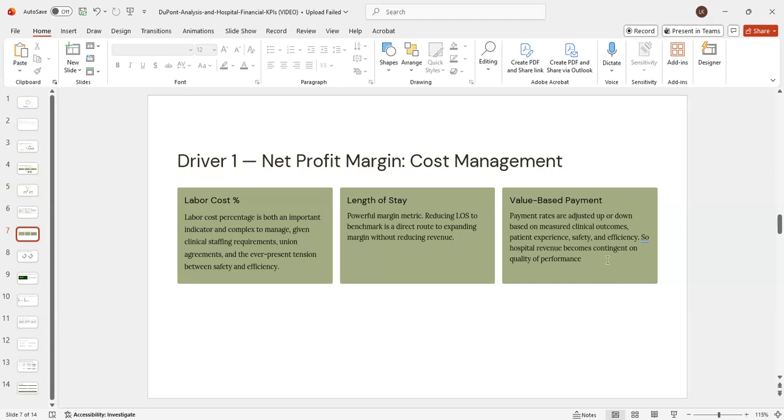Lastly, we have value-based payments. As you know, reimbursement rates are typically adjusted up or down based on clinical outcome, patient experience, safety, and efficiency. This means that a significant proportion of your hospital's revenue is directly contingent on the quality of clinical performance.